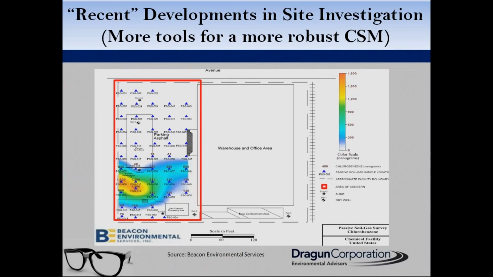But you can look at chlorinated chemicals like TCE or PCE, or you can look at benzene, toluene, ethylbenzene, and so on, and get these maps and determine where sources are. You can determine whether you have two unique sources if they're separate. Here it looks like one source in this area, and then we could follow up with other types of techniques to characterize the site for our conceptual site model.